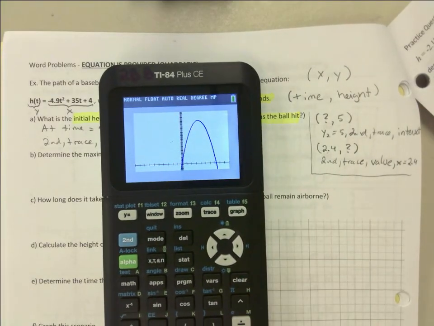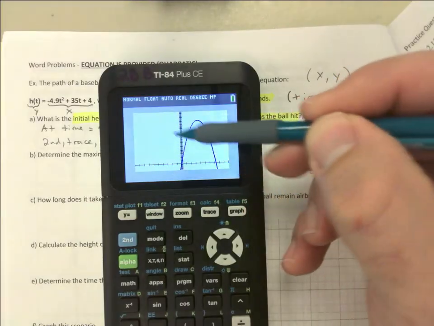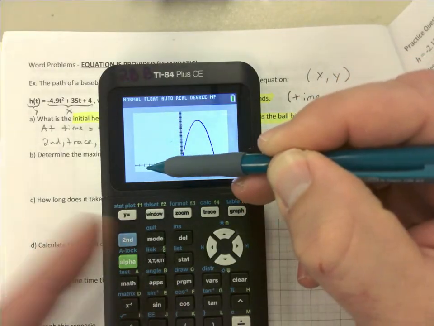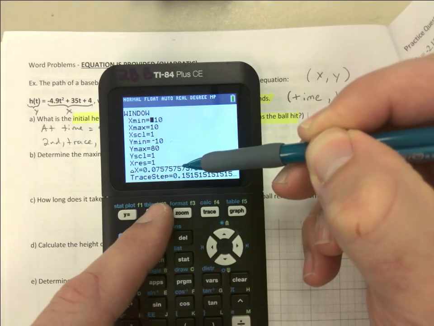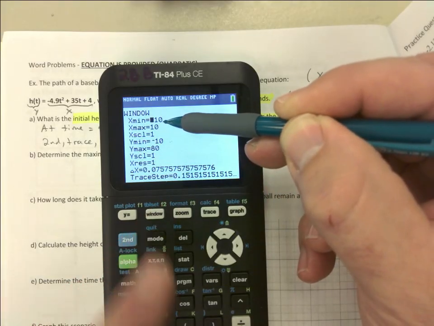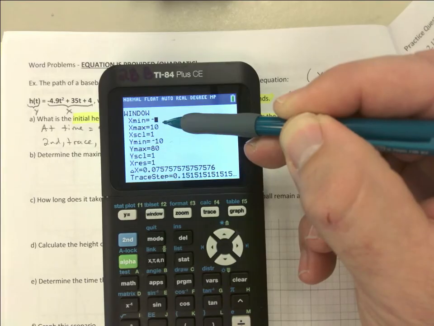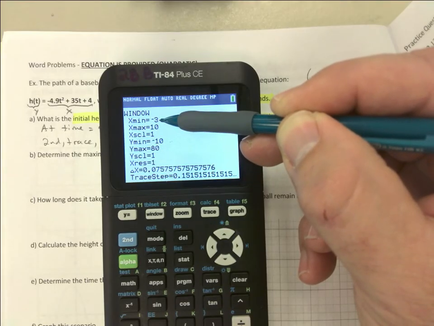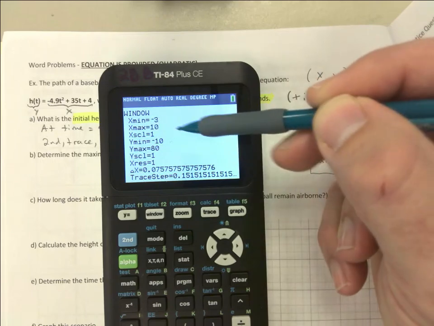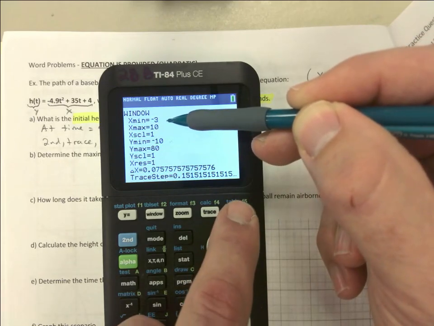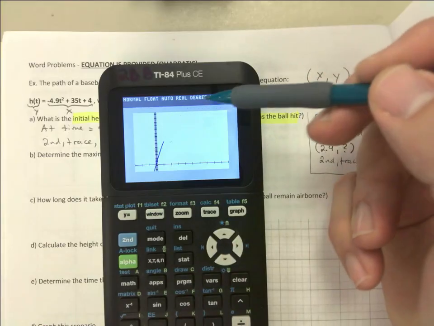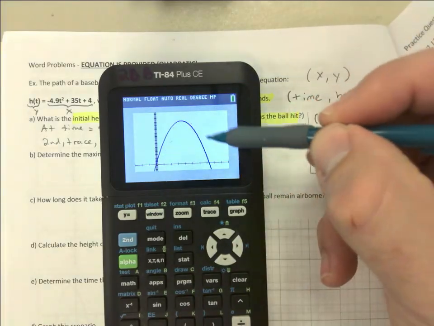I would say that there's no need for time to be negative, right? So I will actually go to window and change the x min to just -3 or something. I don't want to see too much in the negatives. I'm going to hit graph again. So I'm basically interested in quadrant 1.